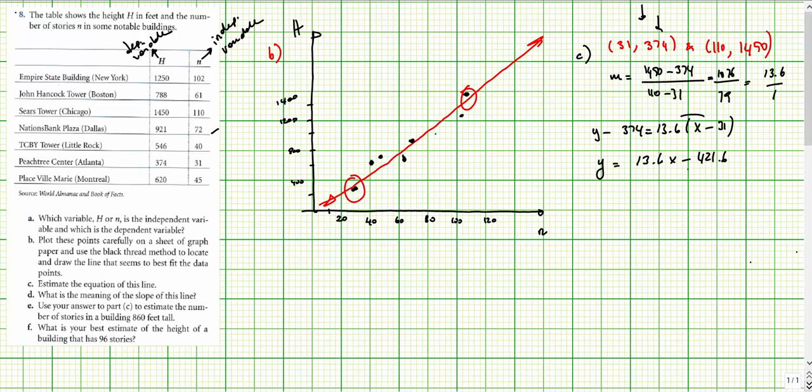And then adding 374 to both sides, y is equal to 13.6x minus 421.6 plus 374, which is 47.6. So y = 13.6x minus 47.6 is the estimated best fit line to your eye.